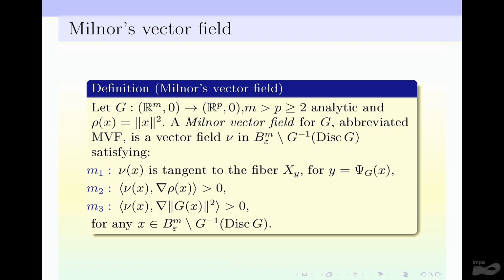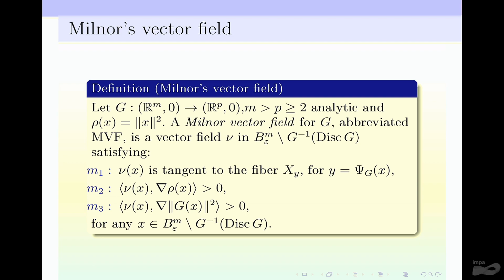It satisfies: this vector field should be tangent to the fiber of xy, where y is the image of psi j x. And the dot product of the vector field with the gradient of rho x must be positive. This is a condition we ask.